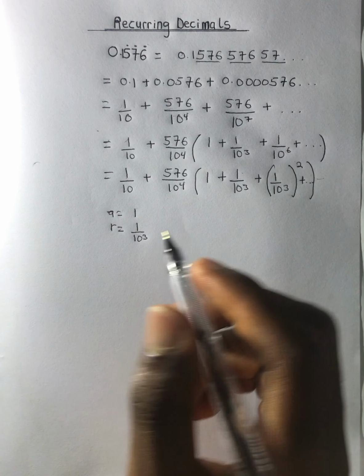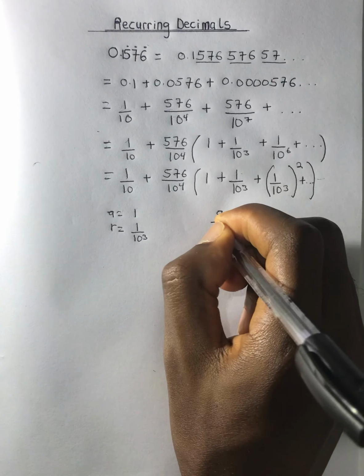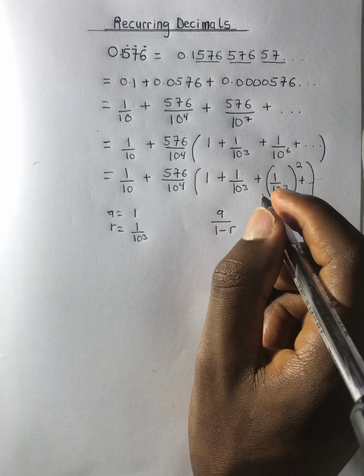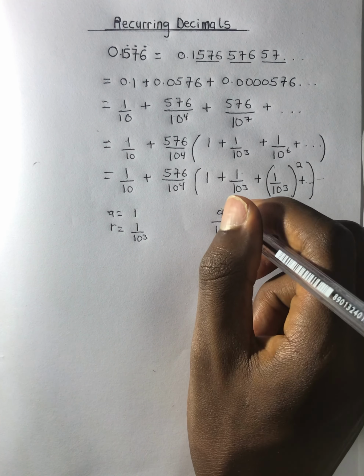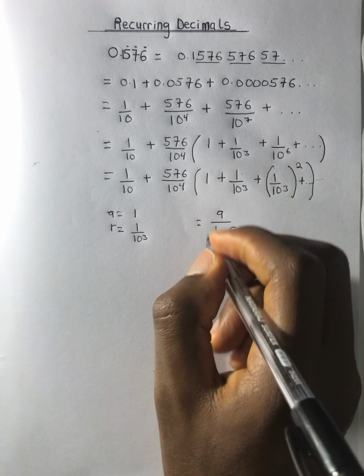So now we use the formula a over 1 minus r. This is the sum to infinity of a geometrical sequence, where a is always our first term and r is our common ratio.